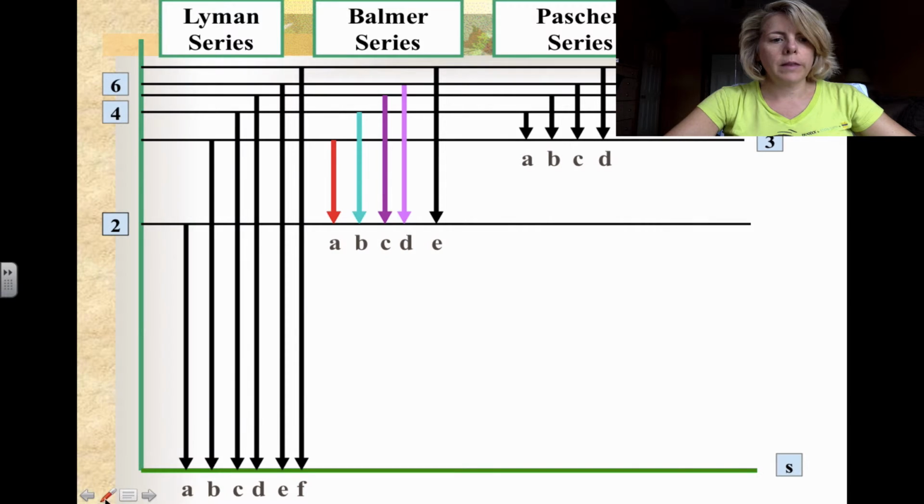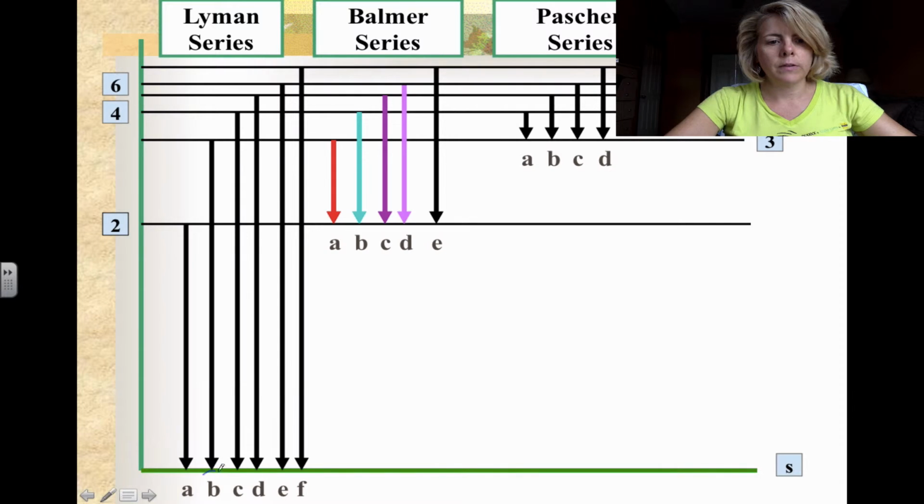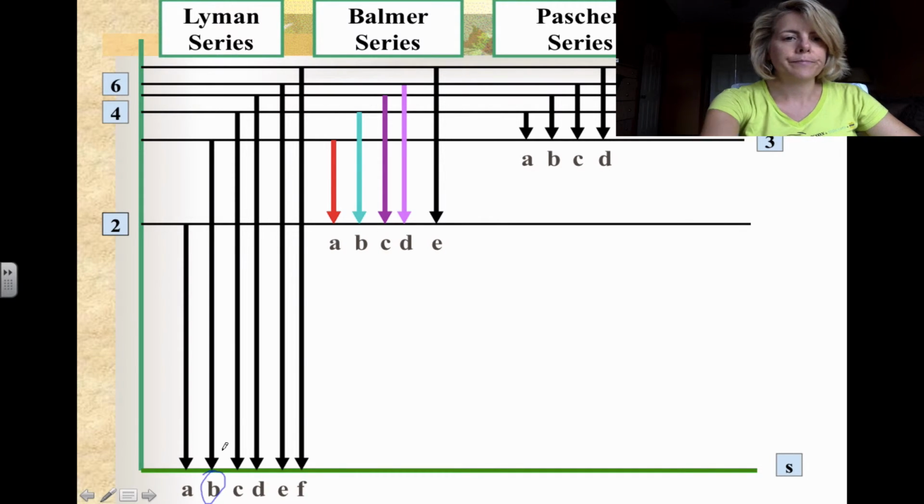The Lyman series is this very first series on the left here, and they essentially want us to look at this series. So we're talking about energy level 3 all the way down to energy level 1. So we're going from 3 to 1.